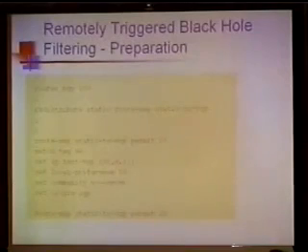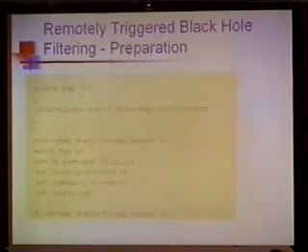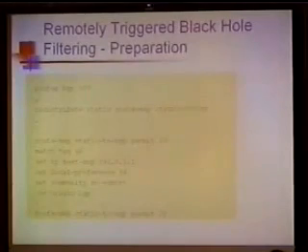Log into our box, which is our black hole route server, and you'll have the same thing in your network if you do it, and basically say route the destination address, the guy's shell server that's getting smurfed, to null zero, and then set a tag on it. And then in our route map, we use a Juniper, not a Cisco, but it doesn't matter. It's a route map and a tag.